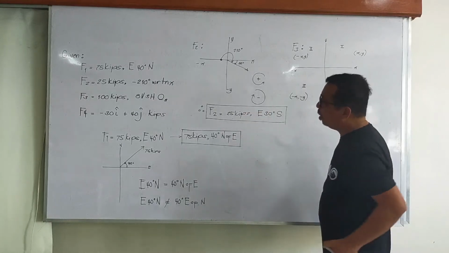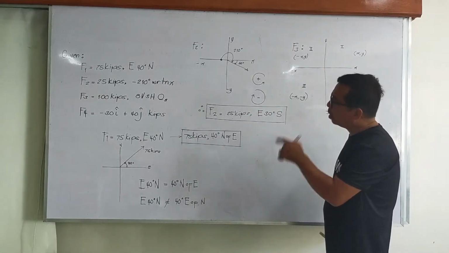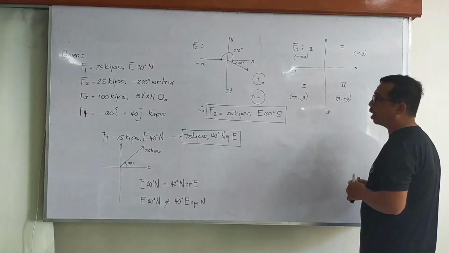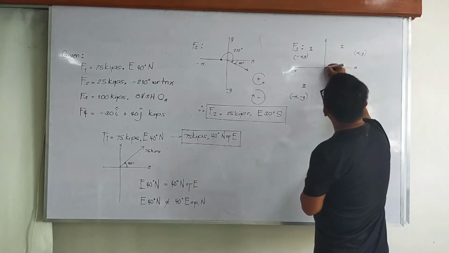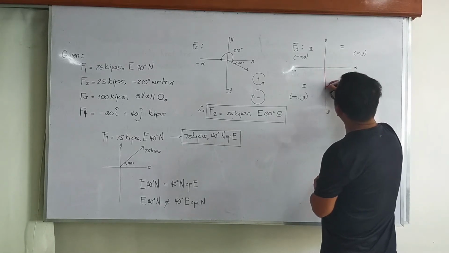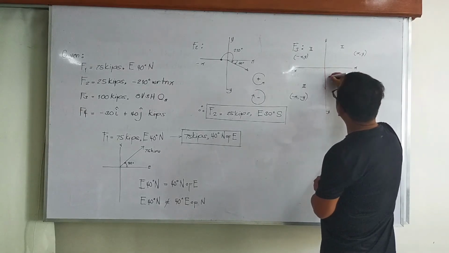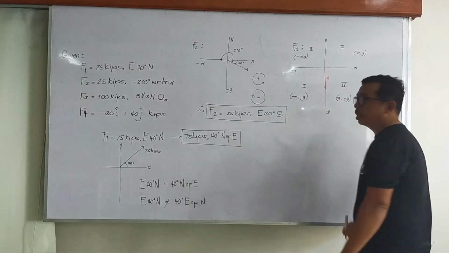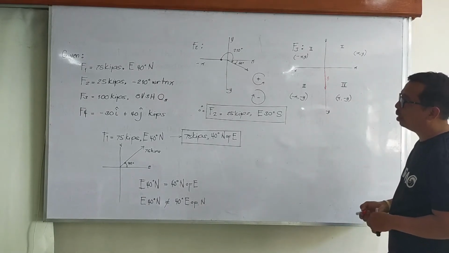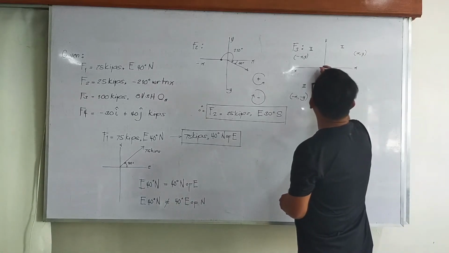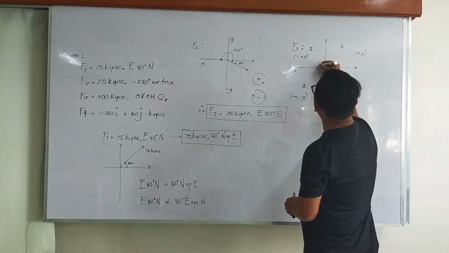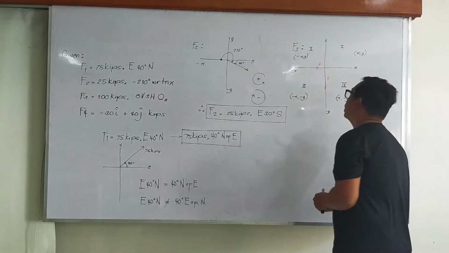So, ano gagawin natin? We will locate or count 8 units vertically downward. So, assume na lang natin na ito yun, 8 units. And the 3 units horizontal, assume natin ganyan kahaba.